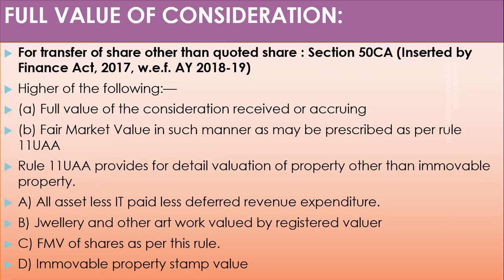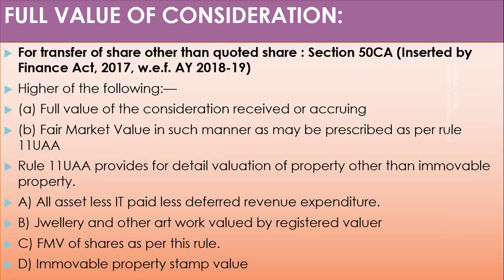If the consideration is less than the fair market value, the difference would be added under 56(2)(x) as a gift. How does the valuation need to be done? All assets, less income tax paid, less deferred expenditure.